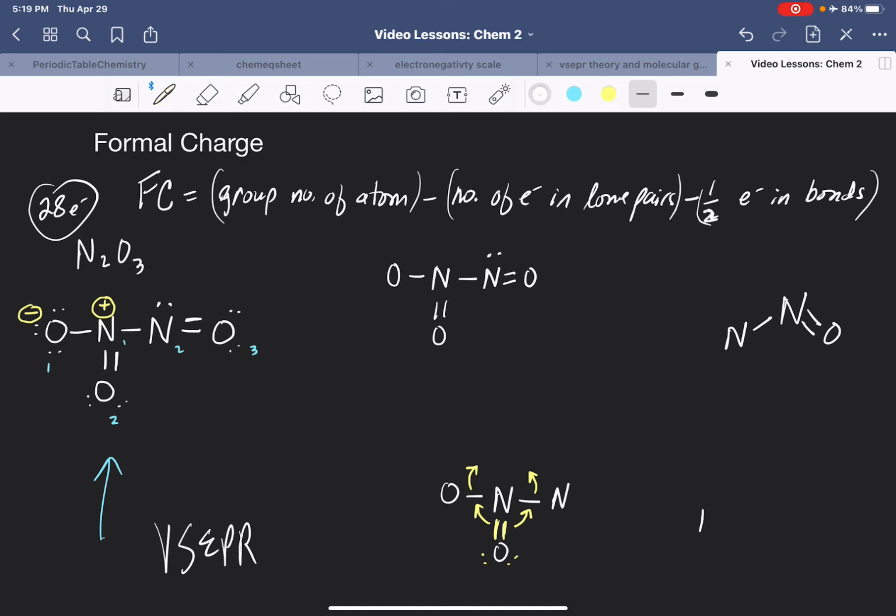So you would get something that looks like nitrogen, we've got an oxygen, double bonded to that, and it's going up to this nitrogen, right?